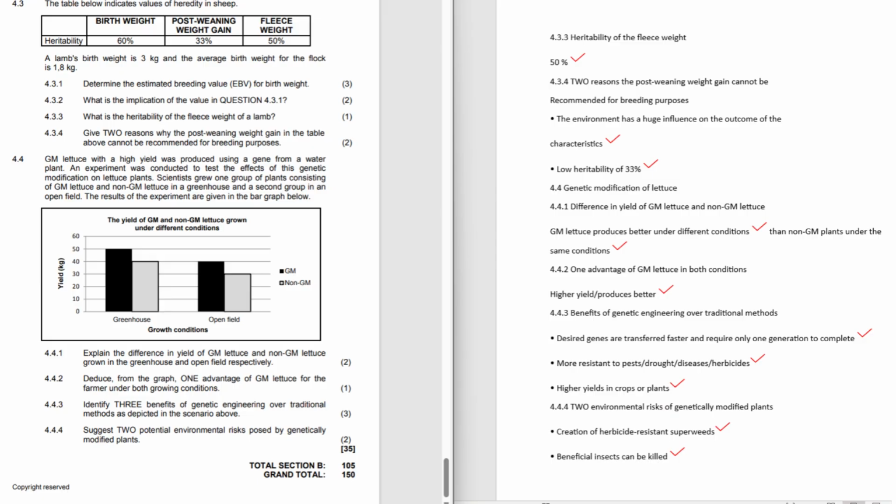So GM plants and GM crops can kill beneficial insects. Because of the insect-resistant crops, they can mistakenly kill beneficial or useful insects instead of the bad ones, and also they can create superweeds. Creation of superweeds. That's it.